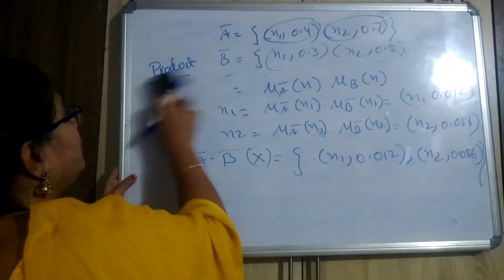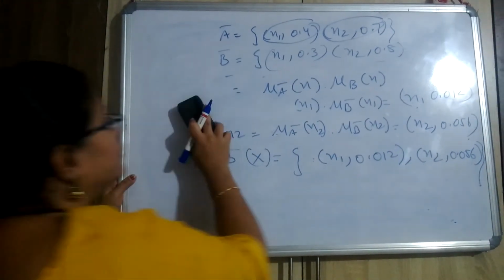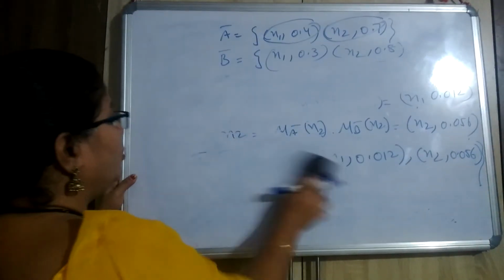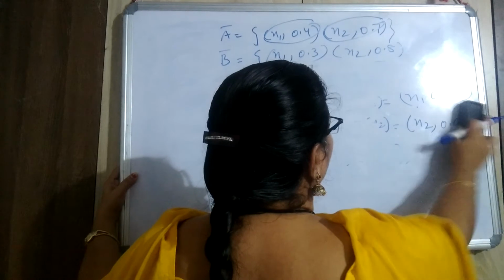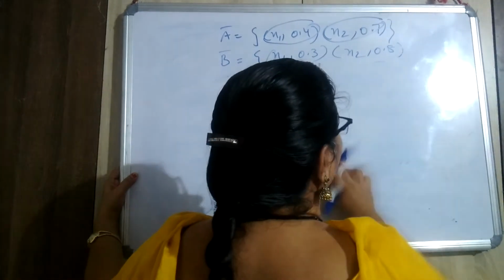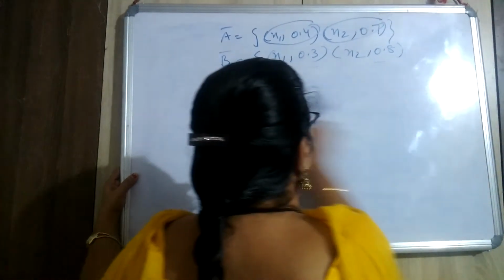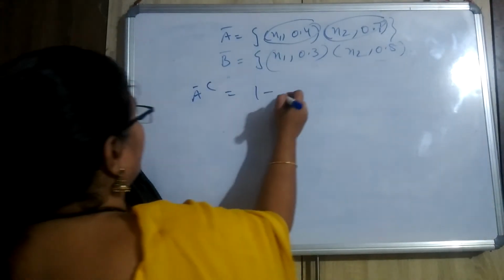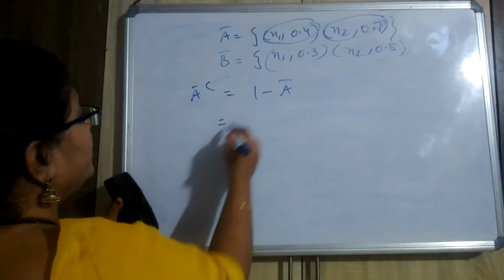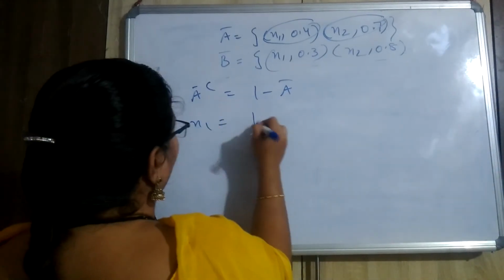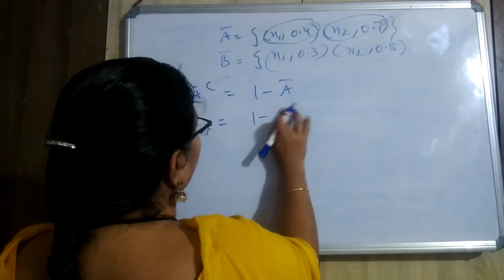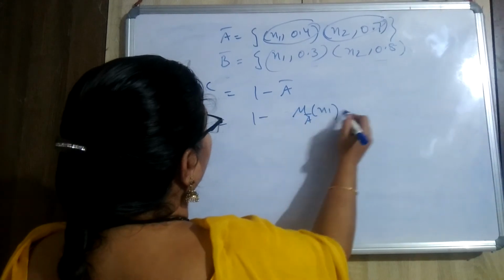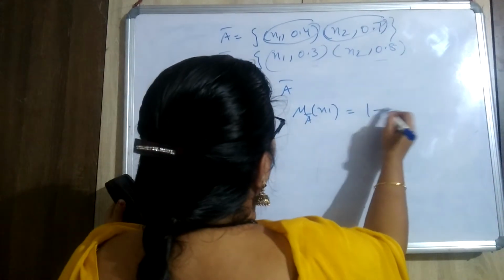Okay, and one more thing I want to discuss once again, that is nothing but complement. Okay, so already we have seen the complement in our previous session. Again now we are going to see what is the meaning of the complement. So what is the A complement? That is equal to 1 minus A bar. So what it is, that is equal to x1, 1 minus mu A bar of x1. That is equal to 1 minus 0.4.